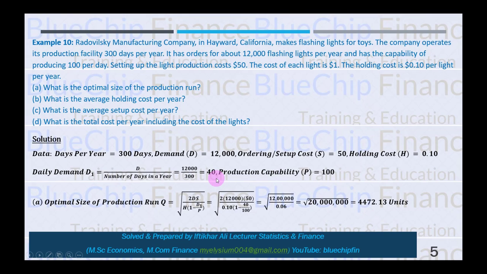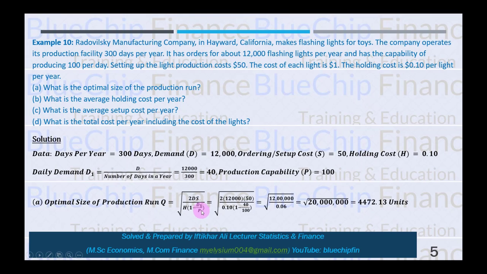Now first of all, what is the optimal size of the production run? The optimal size of production run, which is also denoted by Q, here the formula is changed. It is equal to the square root of 2DS divided by H, which is already EOQ, but here we multiply by 1 minus d1 by p.